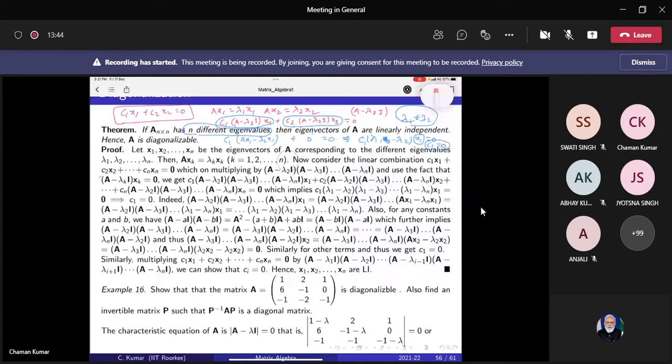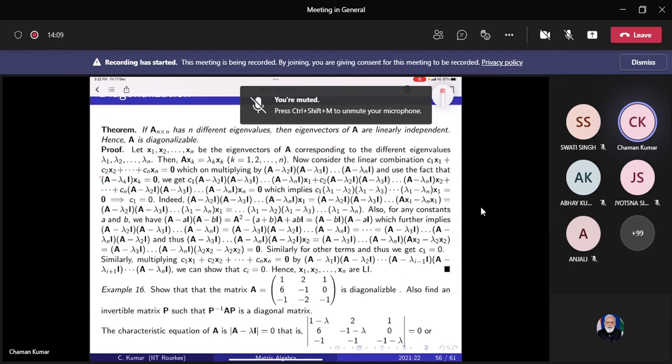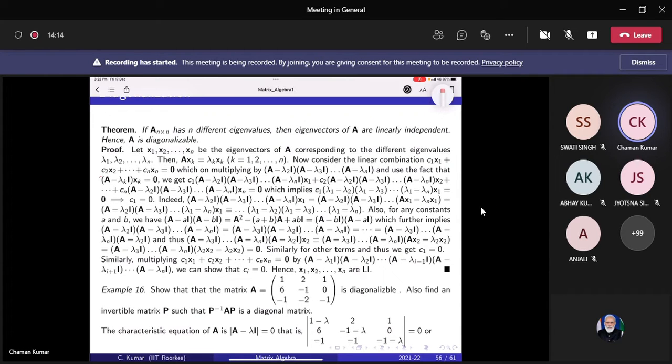Now similarly you can multiply A minus lambda 1 I to both the sides so that the first term will become 0 and the second term will give you C2 lambda 2 minus lambda 1 into x2 is equal to 0. And from there you can get C2 is equal to 0. Right. So just extend everything to the n vectors.